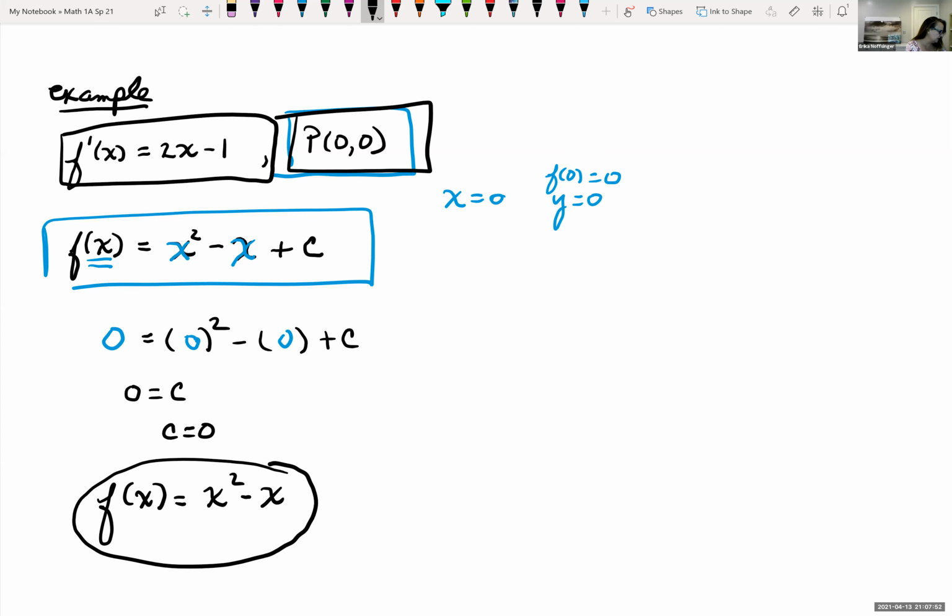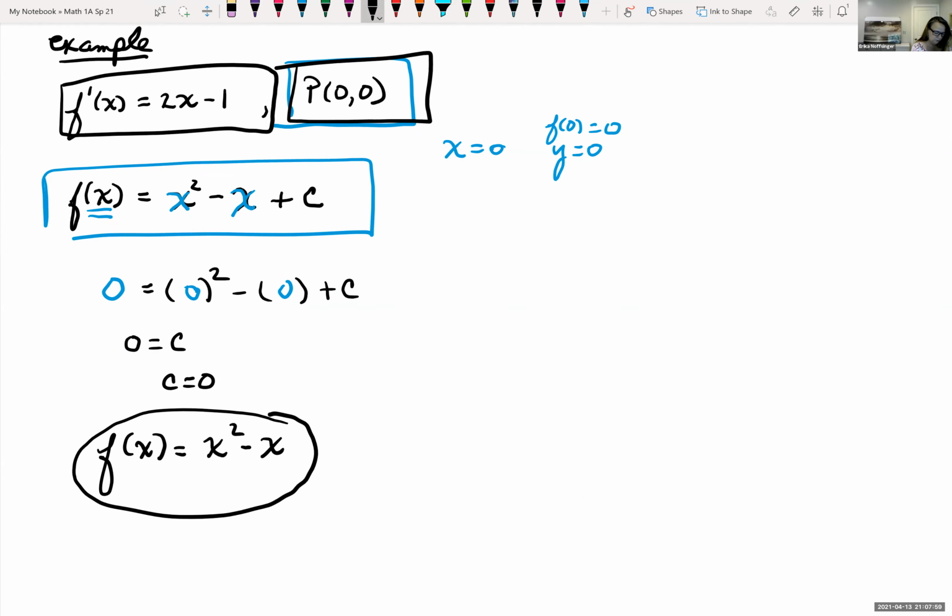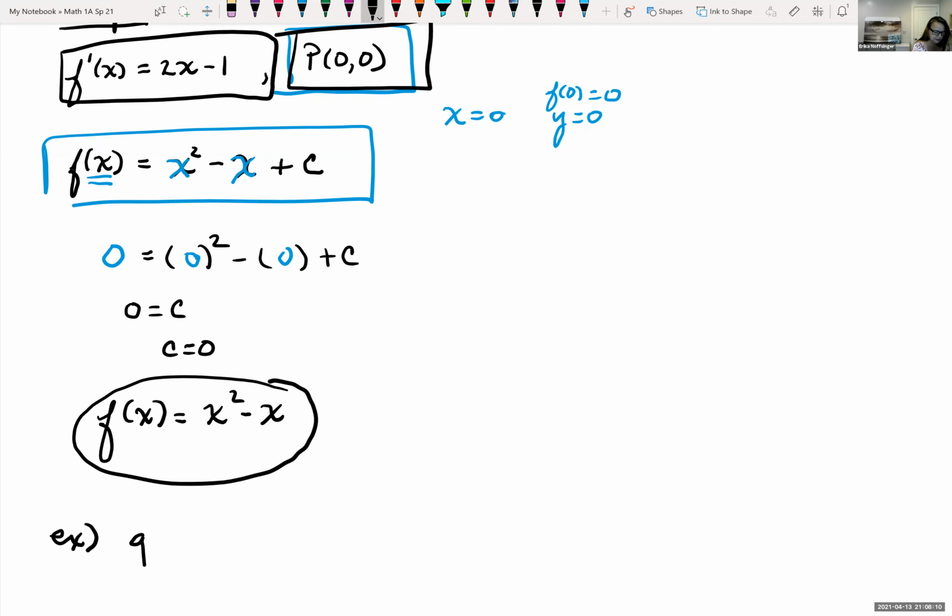So let's look at another one. What if we're given our derivative function, and this time they call it g prime of x, is equal to 1 over x squared plus 2x.